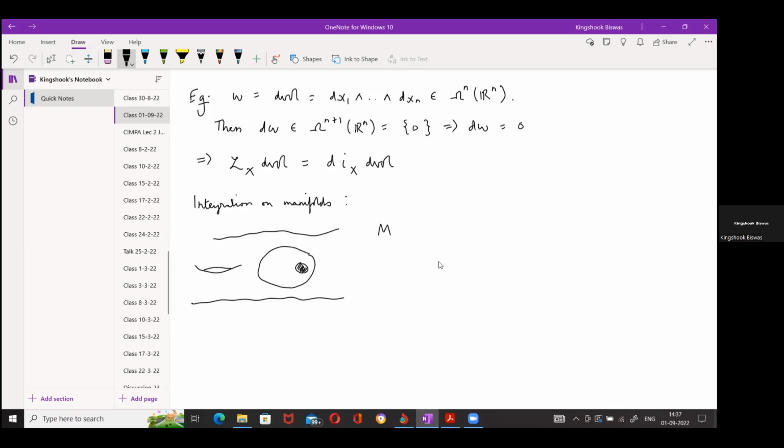Say this is a chart U. So suppose I have phi equal to x1 to xn, a chart.